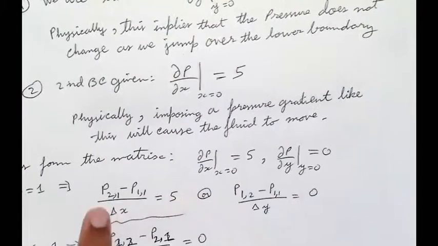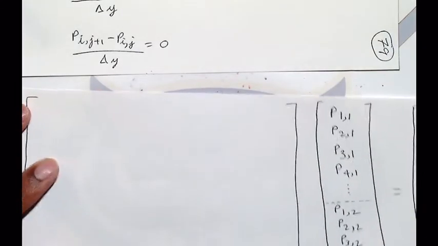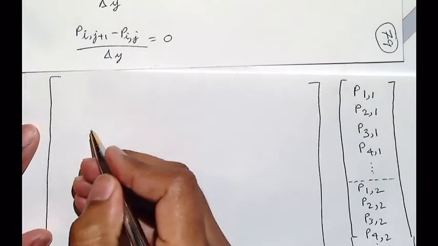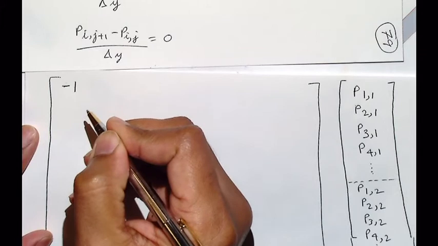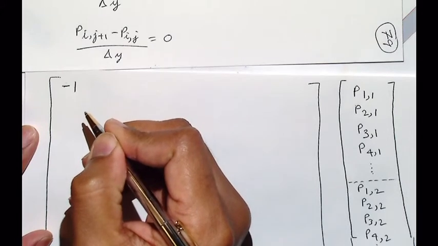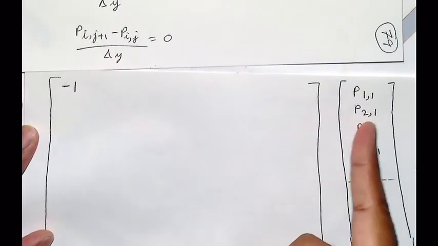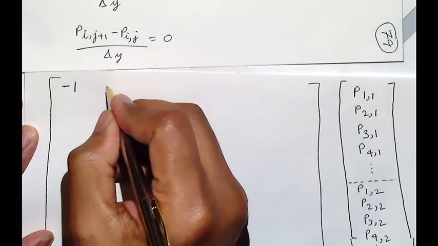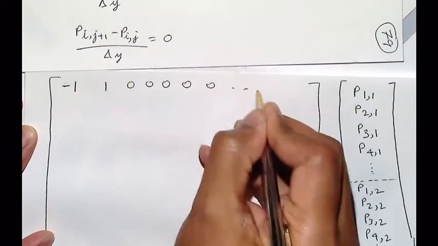P21 minus P11, so P11 is minus 1, P21 is 1, and 0 0 0 0 0, all of them zeros.